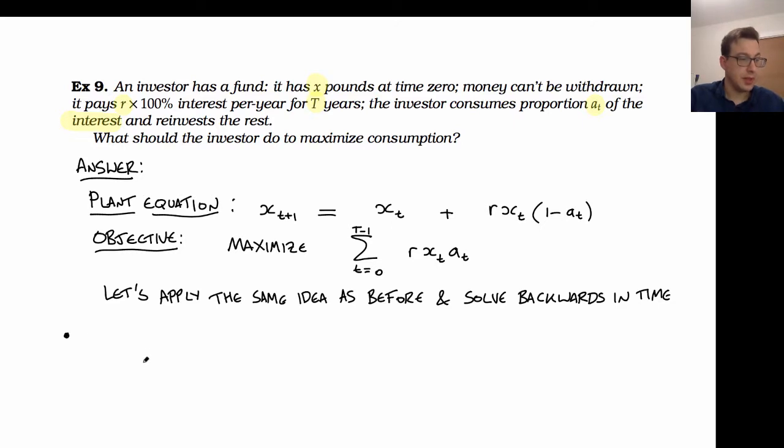So let's start at time little t equals capital T minus 1, the last time that we've got the choice to consume some of the wealth that's in the fund.